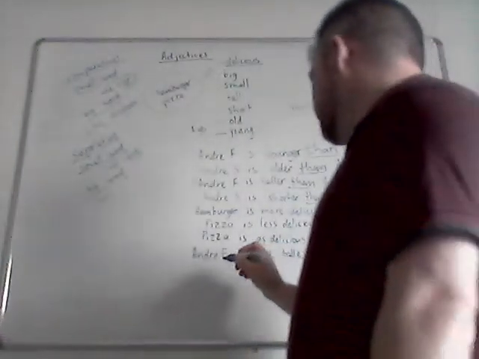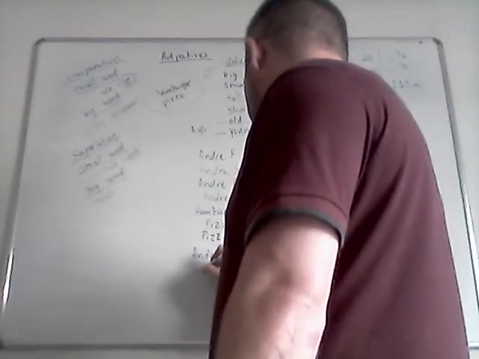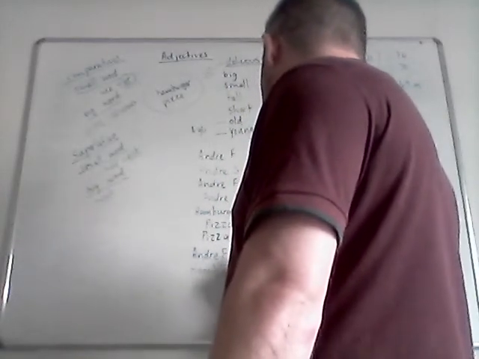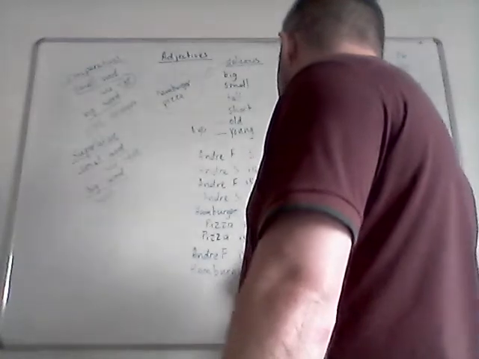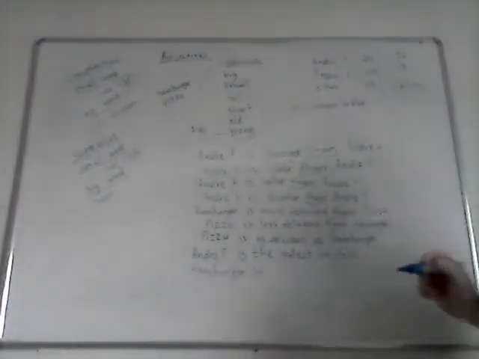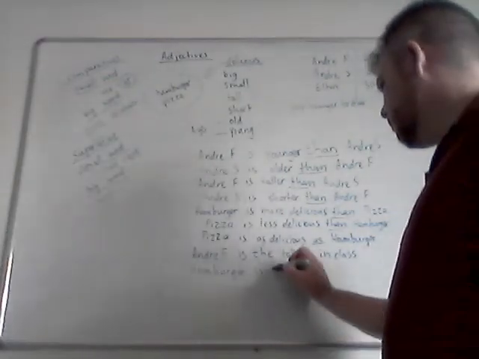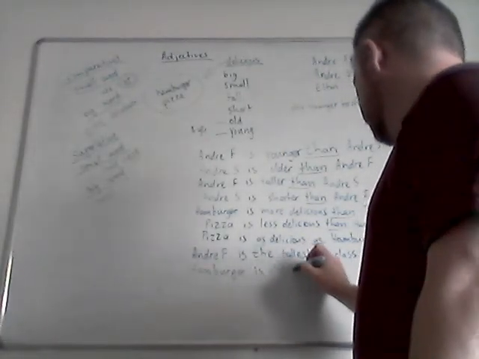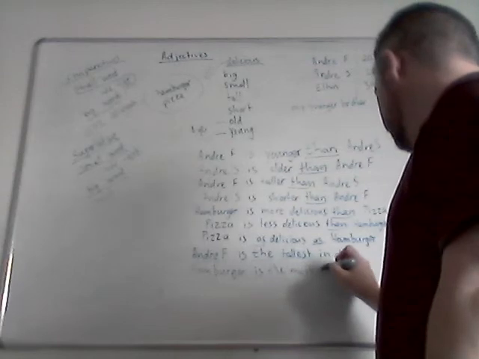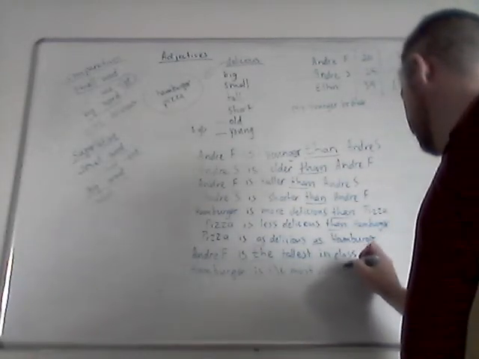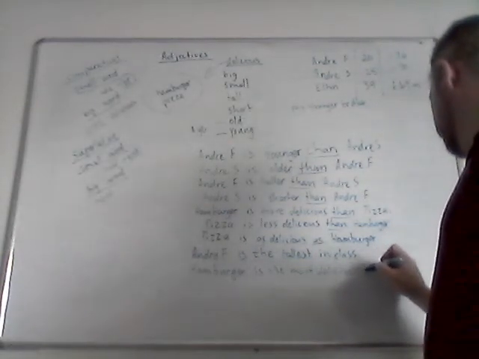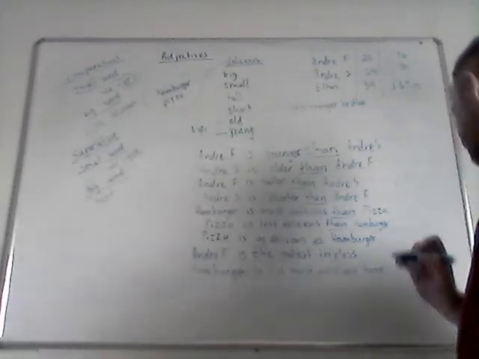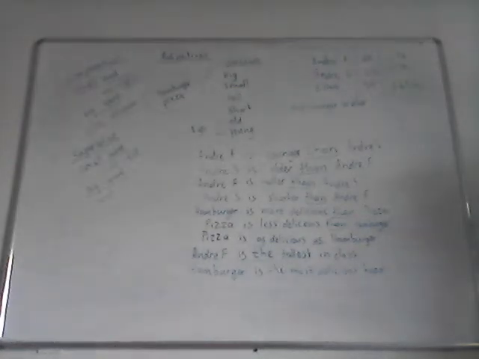So I can say, for example, hamburger is the most delicious food. É muita regra do jeito com adjetivo.